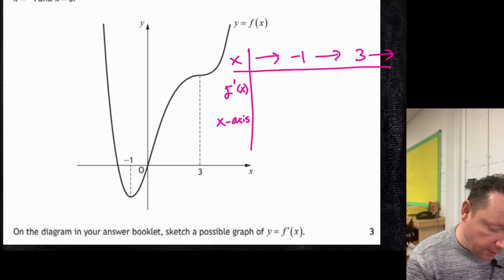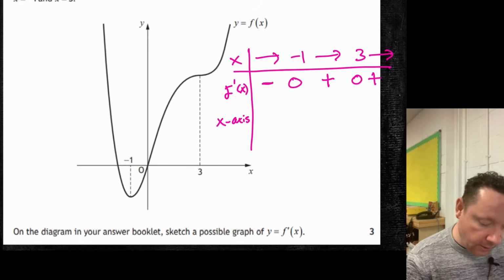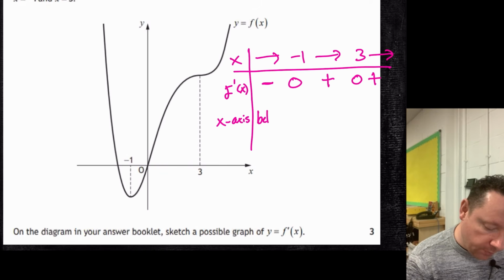So just tracing this, before -1 it's negative, at -1 it's 0 of course, between -1 and 3 it's positive, at 3 it's 0, and after 3 it's positive again. So in terms of where we are on the x-axis, we're below to start with, and then we're on, then we're above, and then we're back on, but then we stay above.